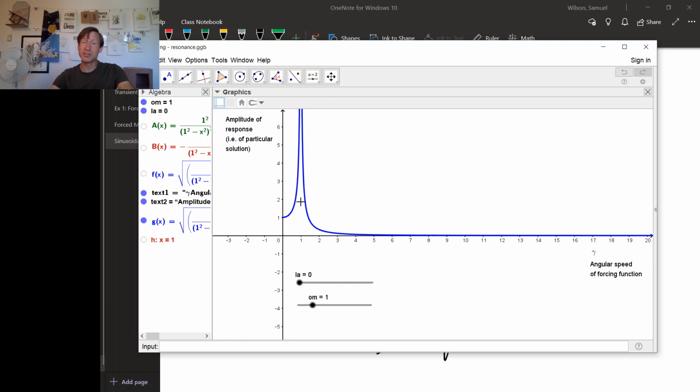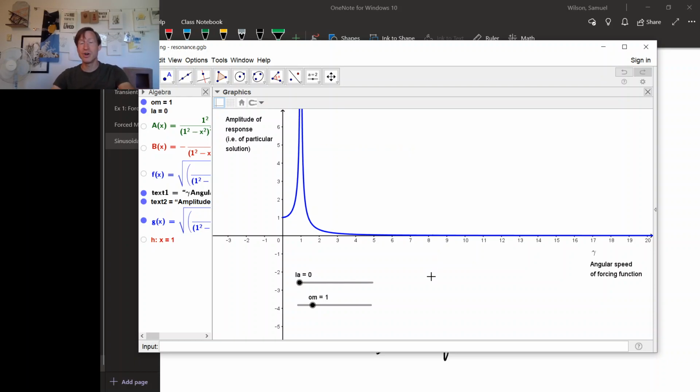Now, the particular solution isn't always at this amplitude, but it does reach this amplitude. So when your forcing frequency is equal to the natural frequency, that's when you get resonance. So you get this infinitely tall amplitude response.